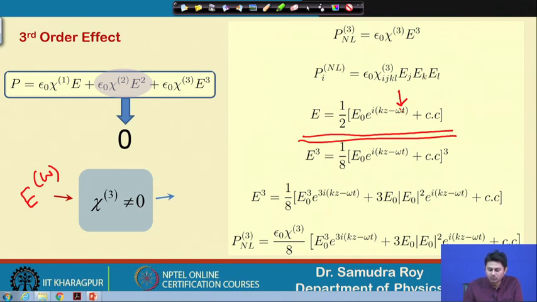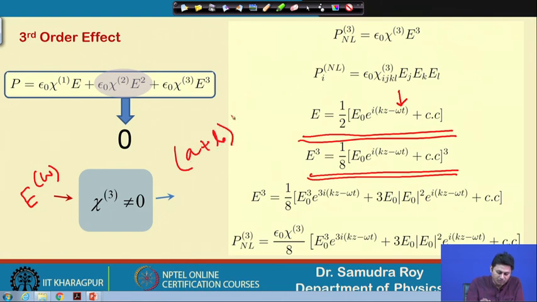What should be the value of E cube? E cube is the cube of this quantity. So, when I cube this quantity, we will have 1 by 8 times (E 0 e to the power i(kz minus omega t) plus the complex conjugate) whole cube. When I have the whole cube of that thing, we can expand it like (a plus b) whole cube.